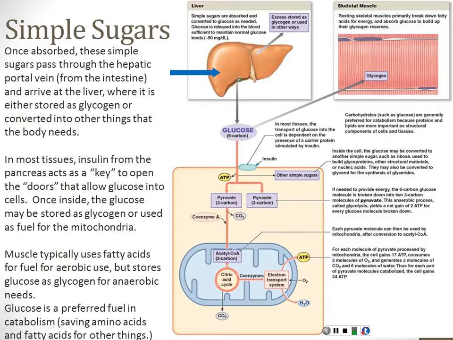Because on all cells of the body except brain cells, they have glucose gates, glucose transporters, that have an insulin receptor that's part of them. So they only pump glucose in when insulin is present. And as we talked about in the endocrine system, that means when insulin is present in the body, glucose levels fall, right? Because the glucose is getting pumped out of the blood and into the cells where it's being used.